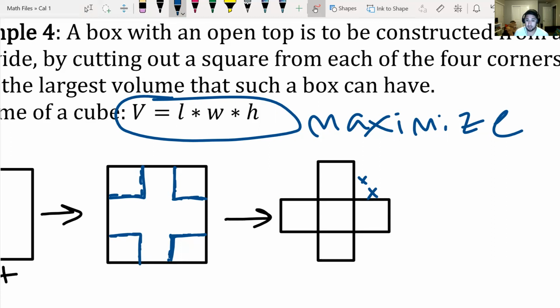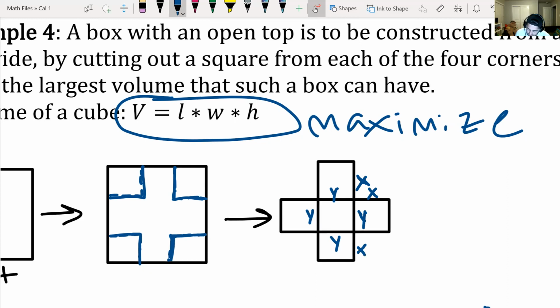And then the inside, the base, will be y. So the inside square is the base of the box, which will be labeled y, and then everything else is x.